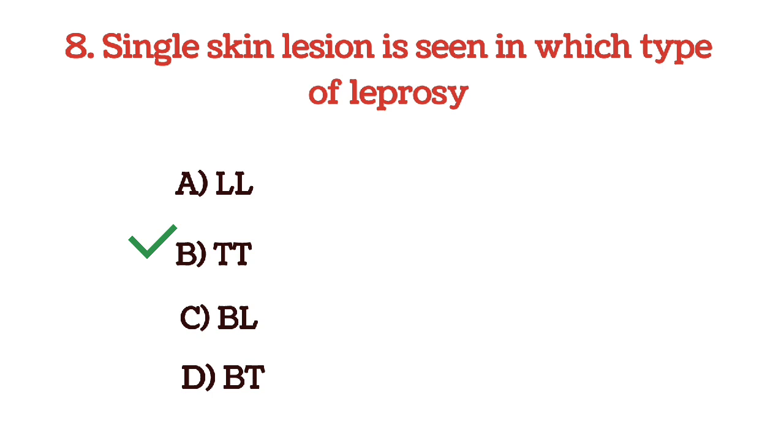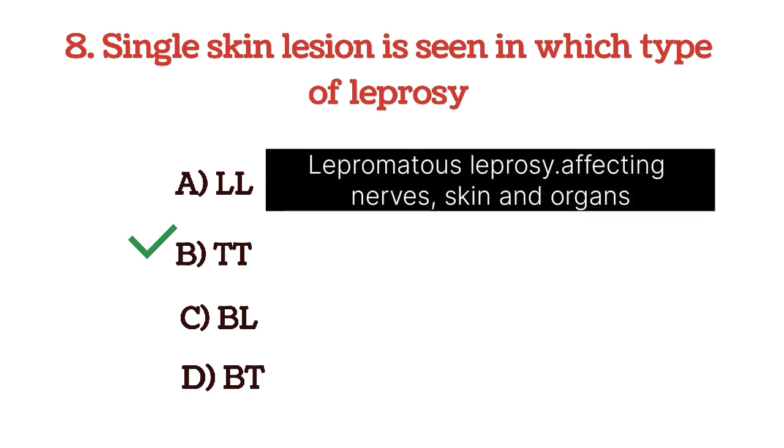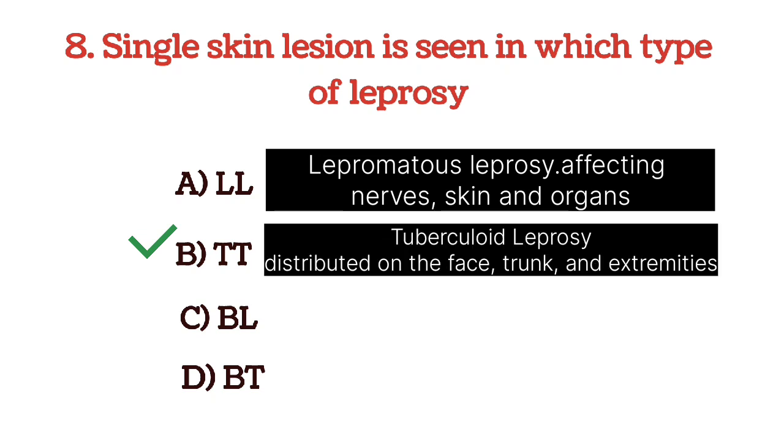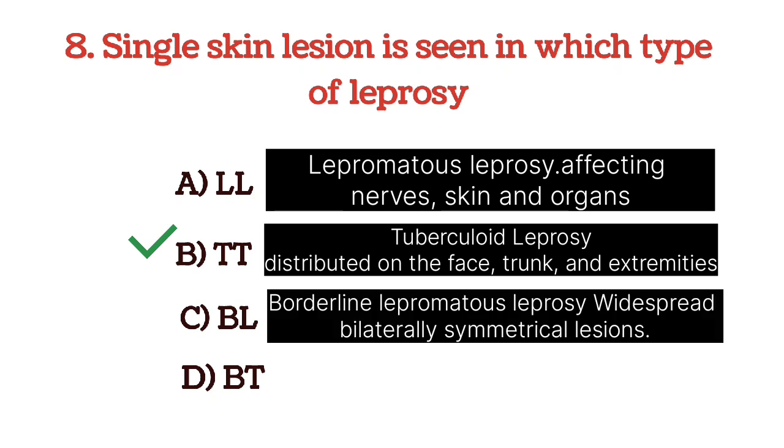Let's see all. LL means lepromatous leprosy, affecting the nerves, skin and organs. TT means tuberculoid leprosy. It is a single skin lesion distributed on face, trunk and extremities. BL means borderline lepromatous leprosy.